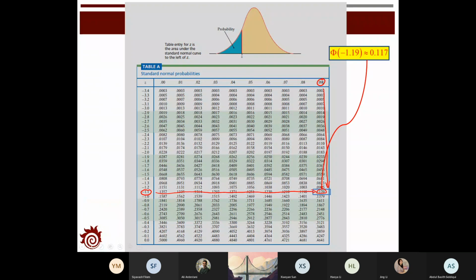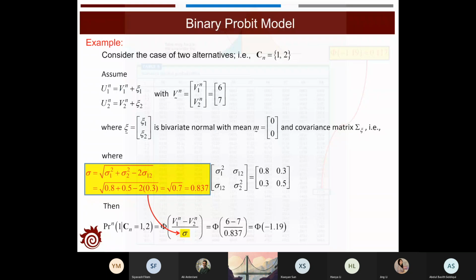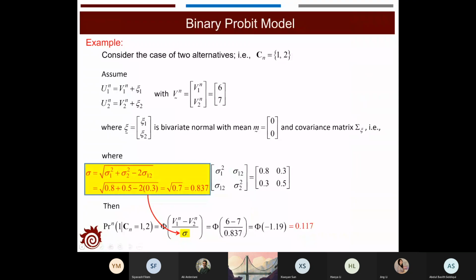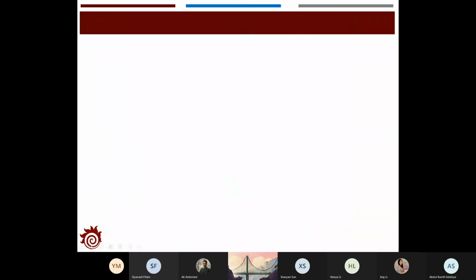So the probability of choosing alternative 1 is 0.117. You can also apply the same method to find the probability of choosing alternative 2. That's a very brief introduction to the probability model.